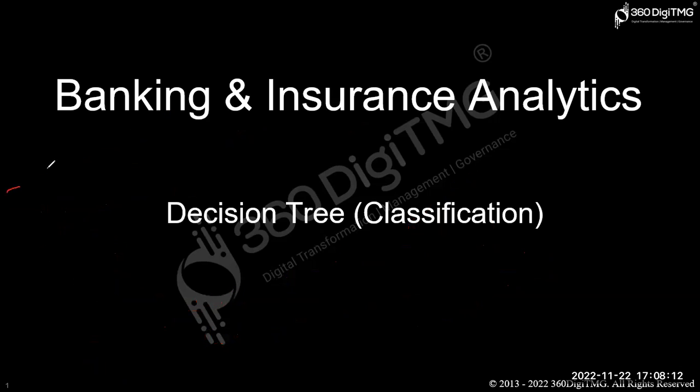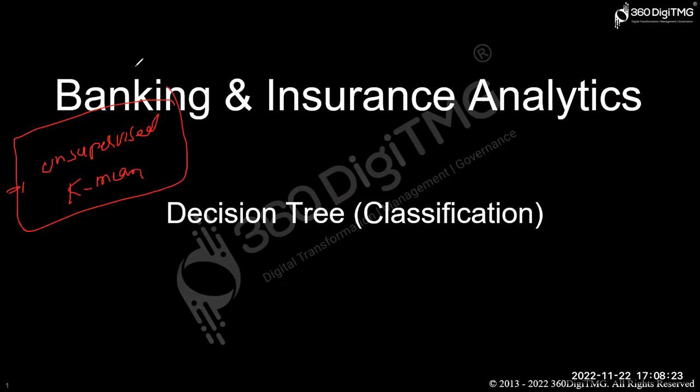And on the fourth day, we took one unsupervised algorithm, that is k-means. What exactly supervised and unsupervised are, you might already have an idea since you have discussed it various times. Anyway, I'll go through it very briefly. When you have labeled data, we go with supervised.